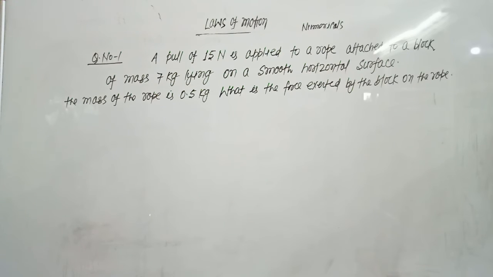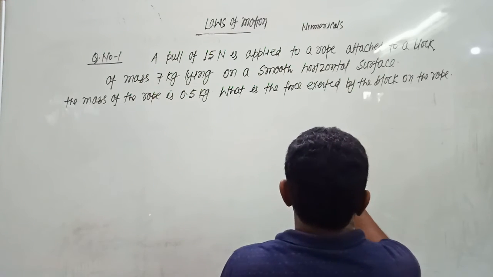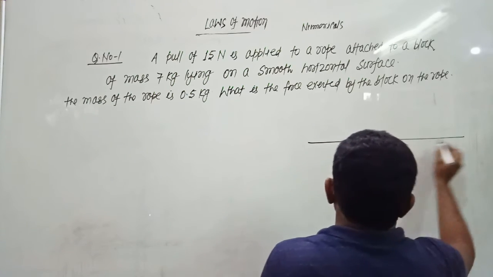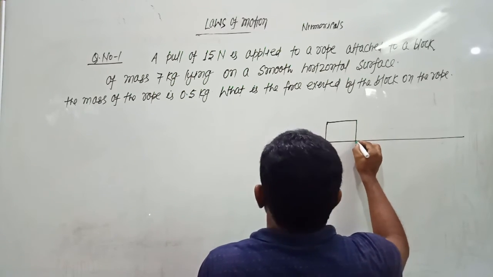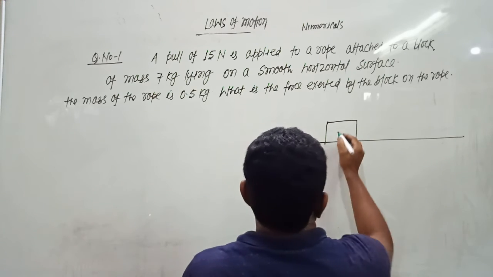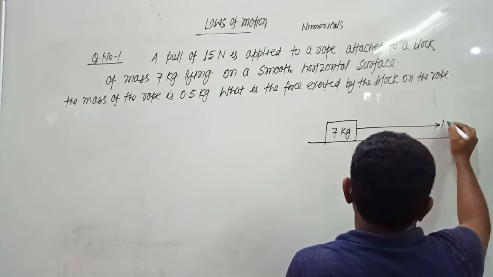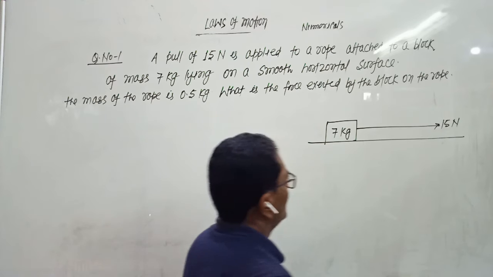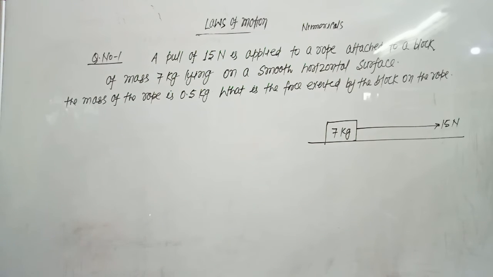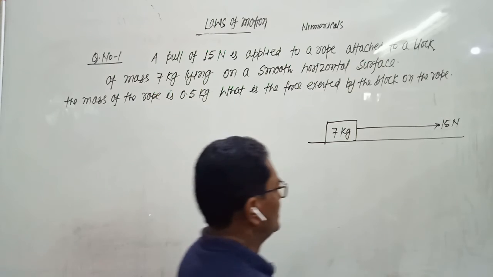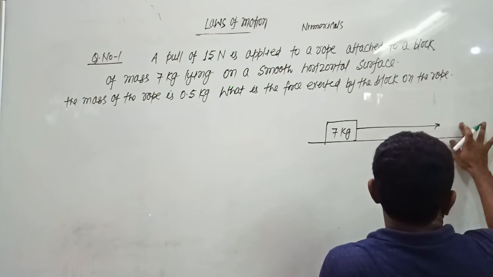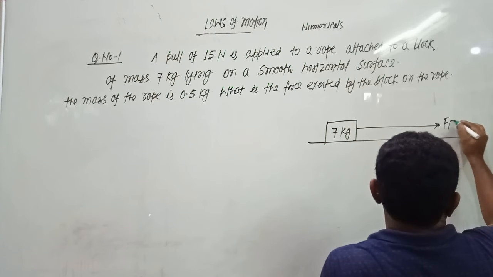So, a pull of 15 Newton is applied. There is a block of mass 7 kg and a pull of 15 Newton is applied on this block. Let this pull be F1 equals 15 Newton.